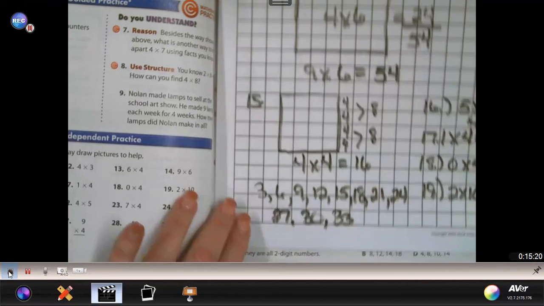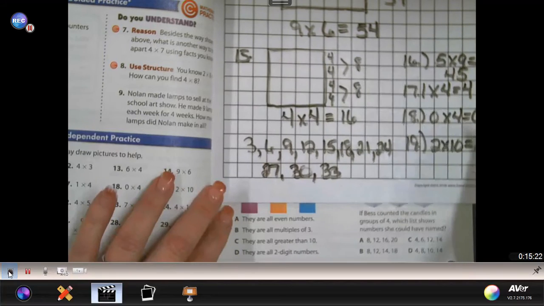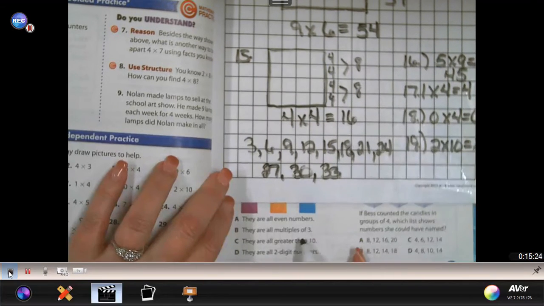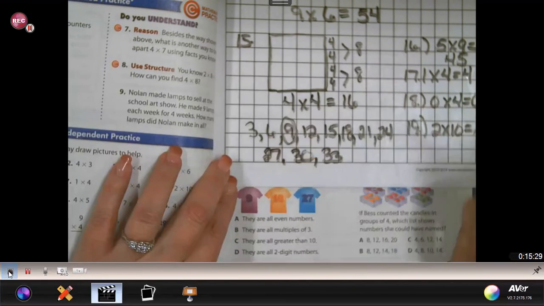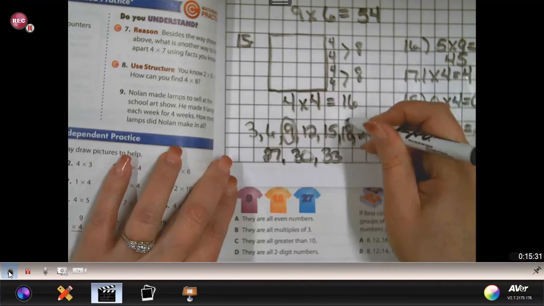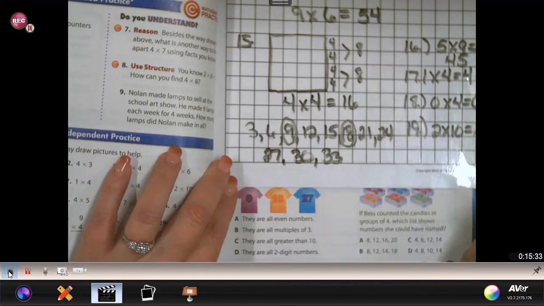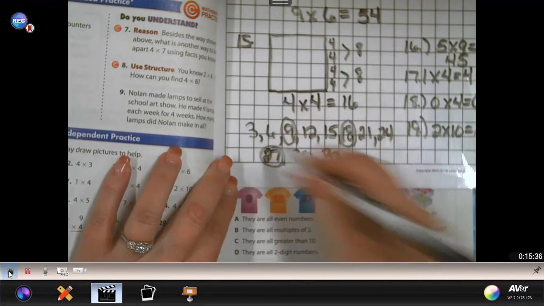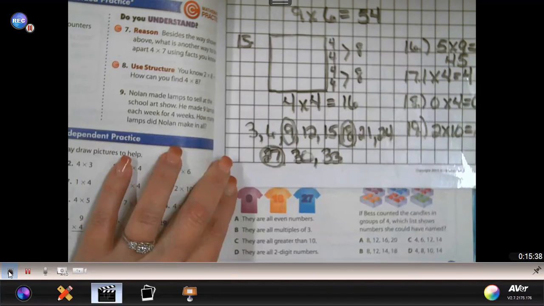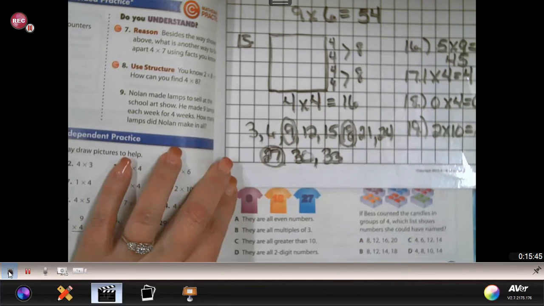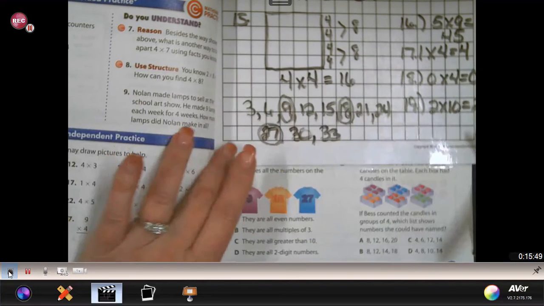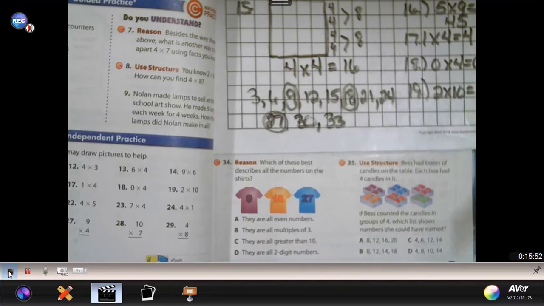Well, if I look here, they are all multiples of 3. Well, we have 9 here. When you counted by 3s, you had 18 and also 27. So we could say that these are all multiples of 3 because when I count by 3s, I will have 9, 18, and 27. So B would be your correct answer for that. So if you did it correctly, give yourself a star there.